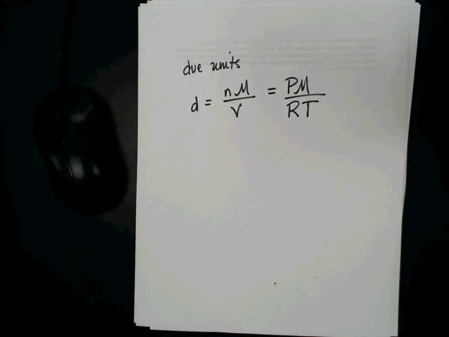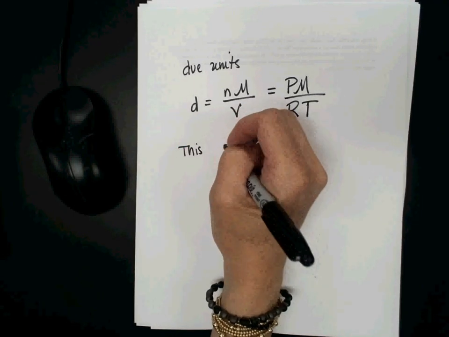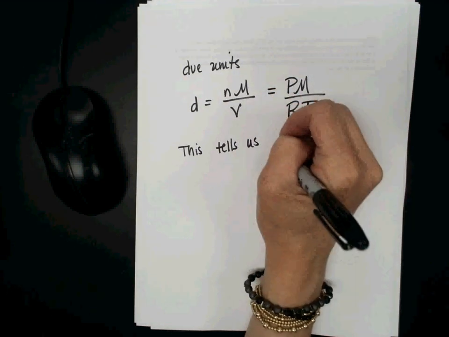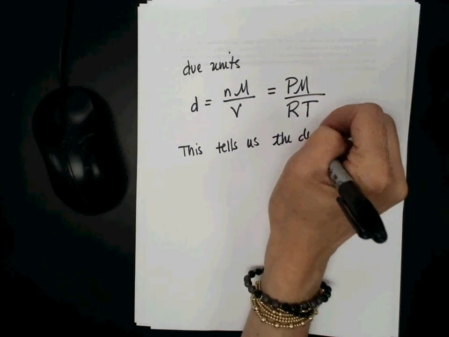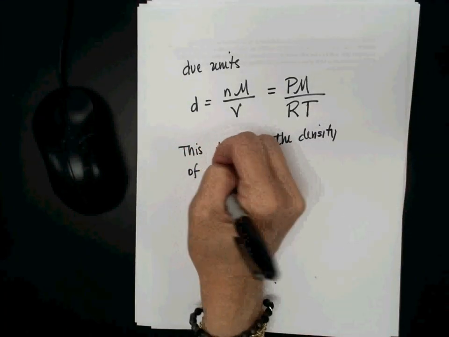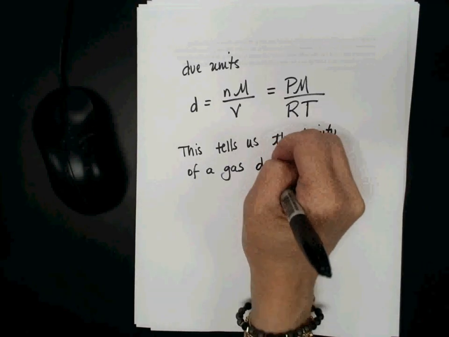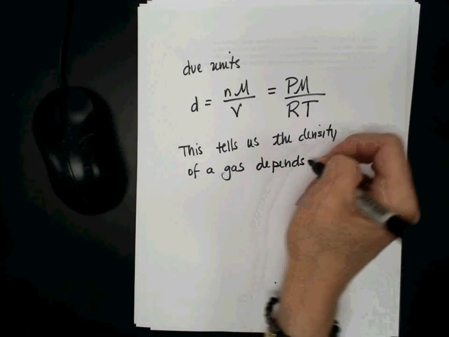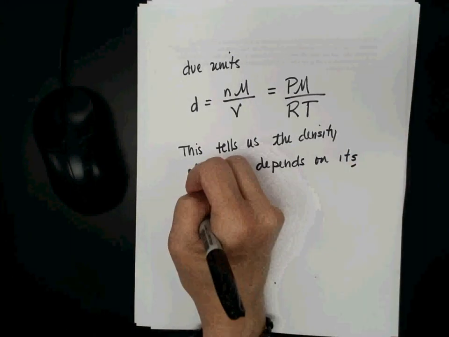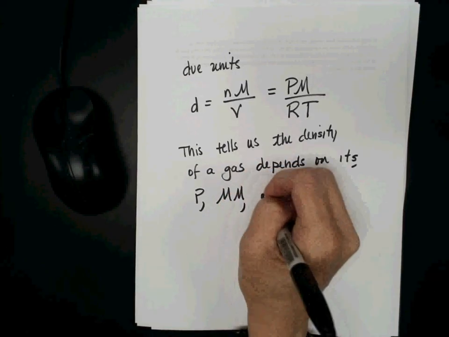And what this does is, let's say this tells us the density of a gas depends on its pressure, its molar mass, and its temperature.